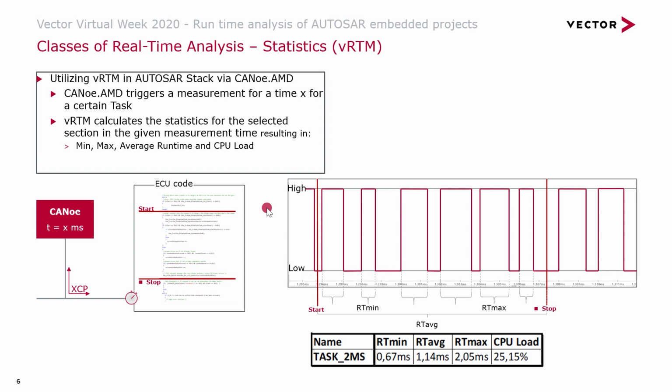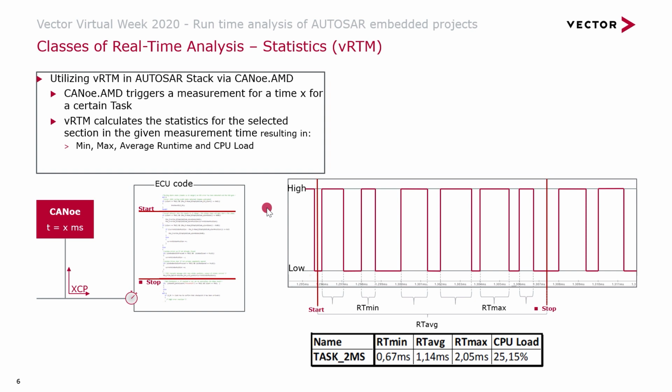We can get this statistic out of the control unit by using GNU AMD. GNU AMD can trigger in the cluster AUTOSAR monitoring and debugging. It can trigger the module RTM, that's the runtime management. And this module can start a measurement over a time X to generate runtime statistics.